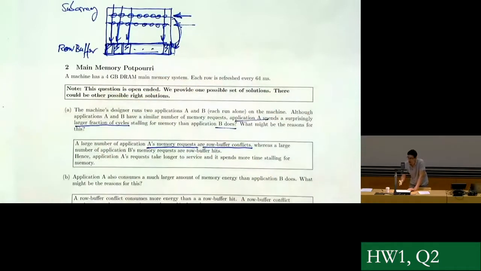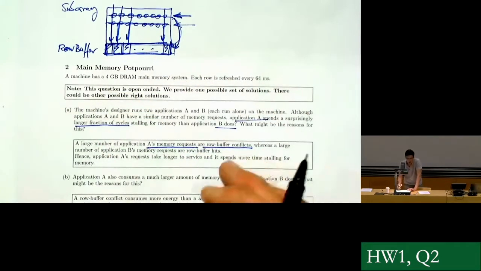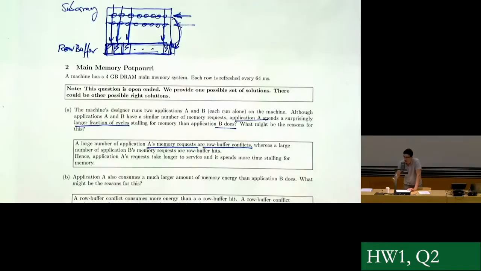There are many row buffer conflicts. This means that consecutive accesses need to read from different DRAM rows. And probably in the case of application B, there will be many row buffer hits. So that's a possible answer.